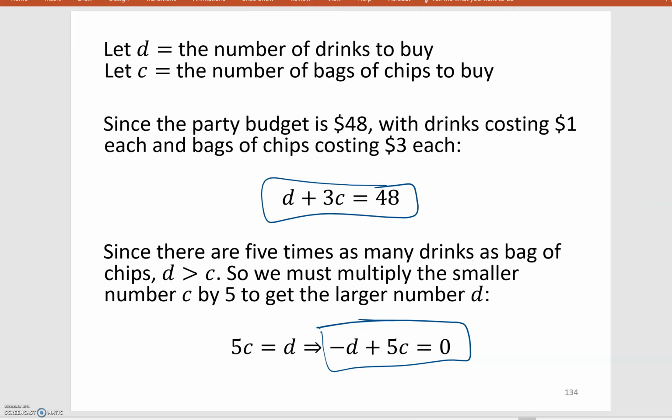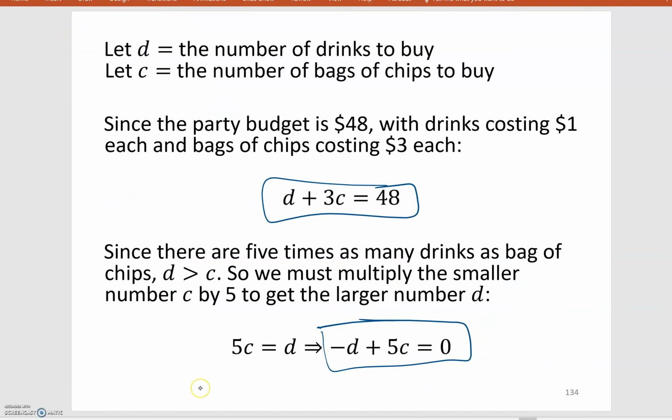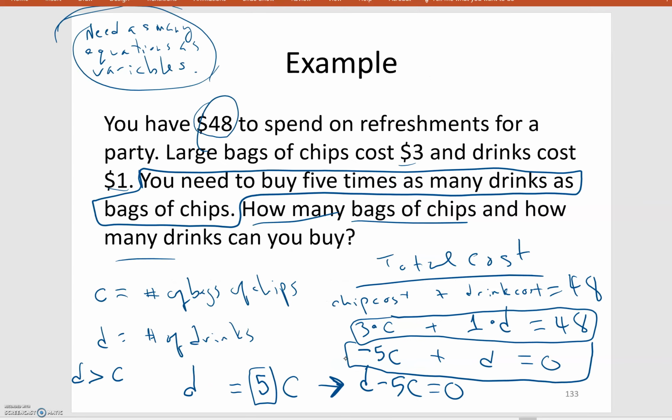Another thing I should point out, I was noticing here in the difference between the typed solution and my handwritten solution, well, let me just show you. I set my equation up with the D on the left-hand side, whereas this has the D on the right-hand side, and so superficially it looks a little different because I have the negative D, whereas I have negative C. But actually, these two equations are saying the exact same thing, so I don't want that to throw you.